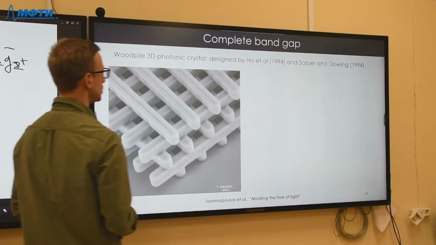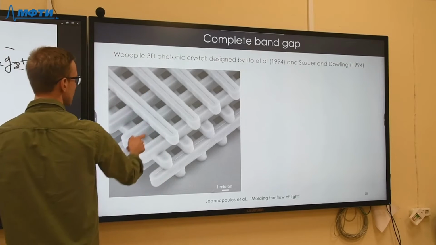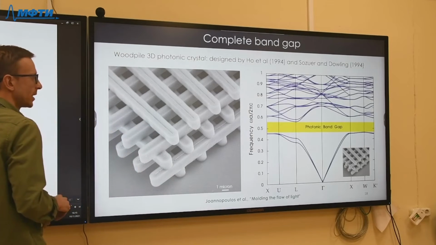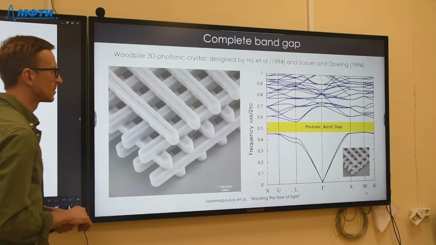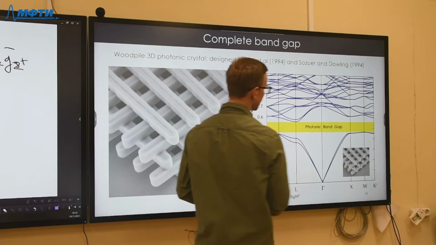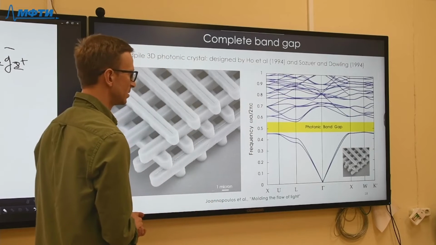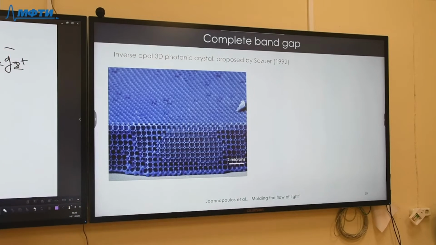It was proposed independently in two papers, by Ho and by Sözüer and Dowling in '94, and this is the band structure of the woodpile dielectric photonic crystal, featuring a complete gap with no propagating states within this gap.